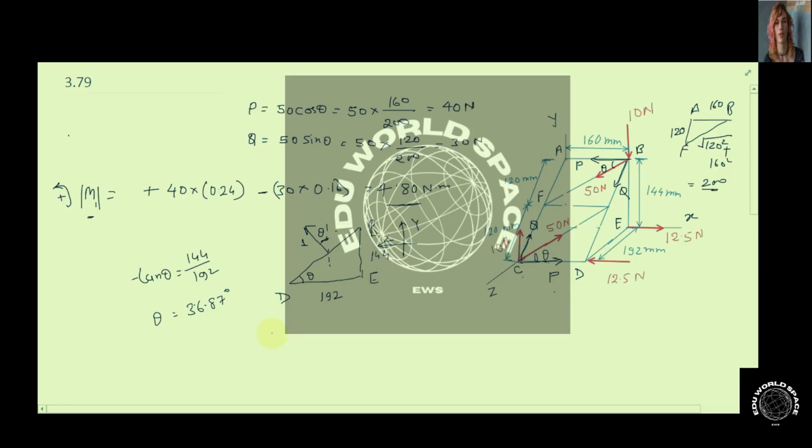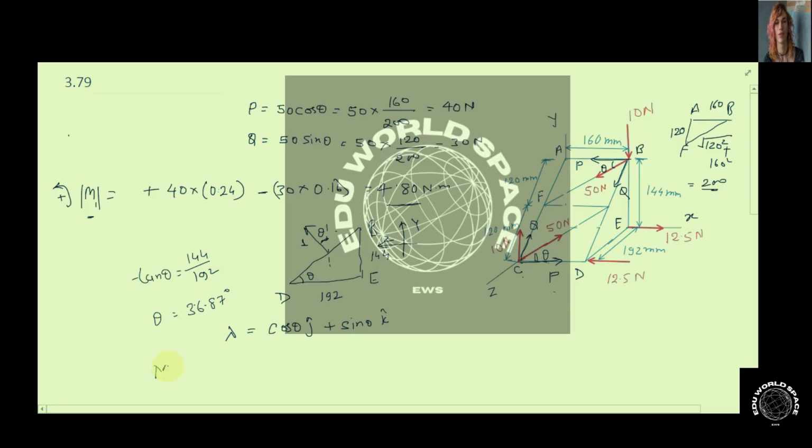So we can write the unit vector perpendicular to the plane ABCD in the form of unit vectors along the y-axis and z-axis, and that will be cos theta j cap plus sin theta k cap.